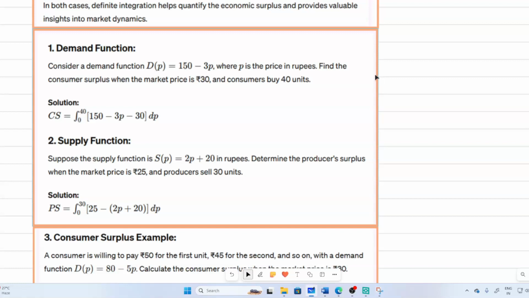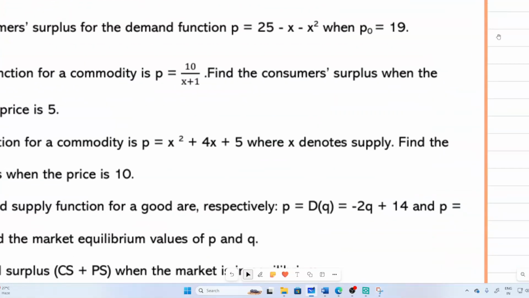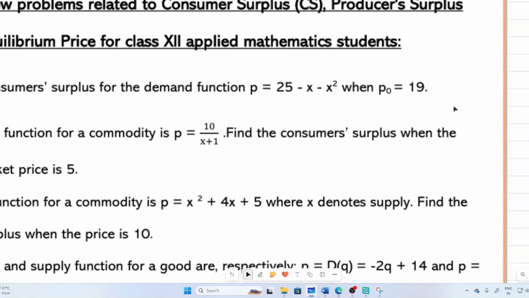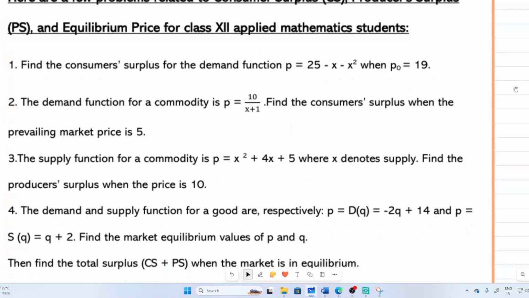You have to find the consumer surplus, market price given, and consumers buy 40 units. And second sum, supply function is given. These sums you will find in the problem sheet. Let me solve some unsolved problems before your board examination, in detail.